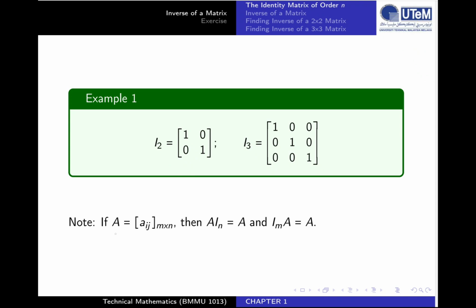Note that if A is an m by n matrix, then A times the identity of order n equals A, and the identity of order m times A also equals A. Any matrix times the identity matrix gives us that matrix.